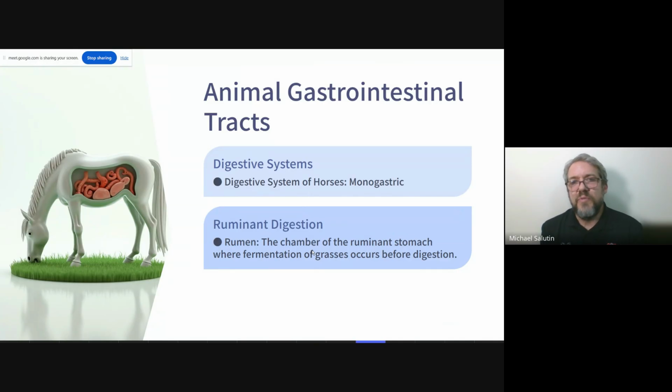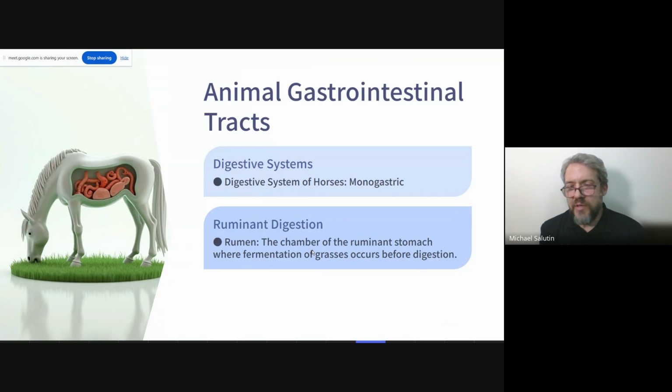The other type of gastrointestinal tract is more complicated, and that is called ruminant digestion. So you watched a video on this in class and answered some questions on this. So you saw an example of this, and you see these type of animals all the time among farm animals, most commonly with cows. So ruminants means that they have an organ called a rumen.